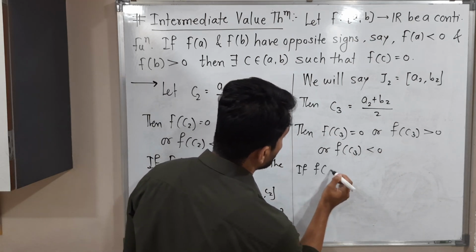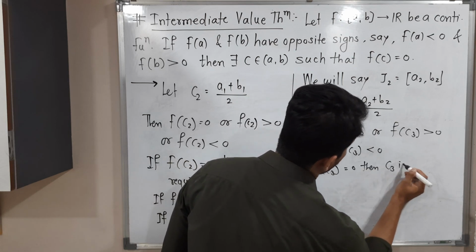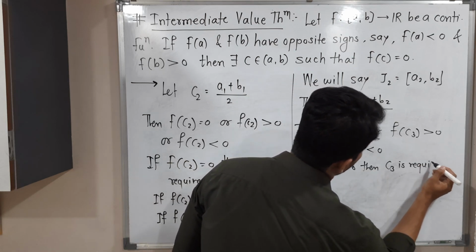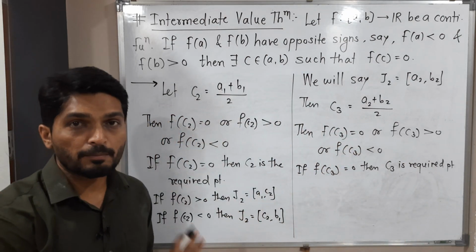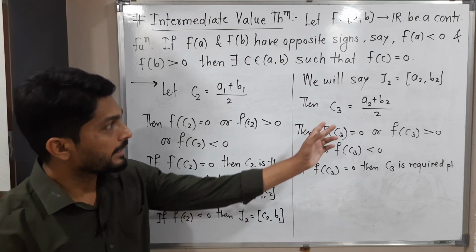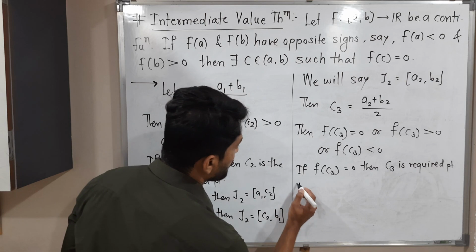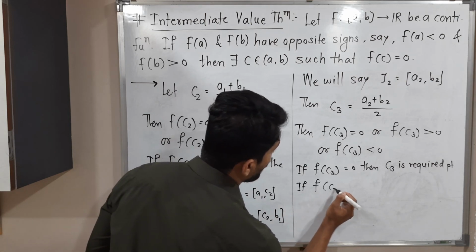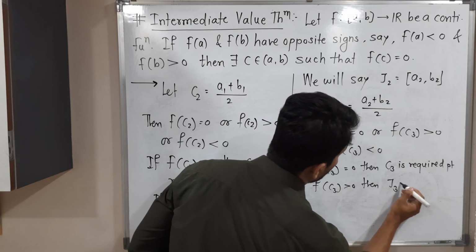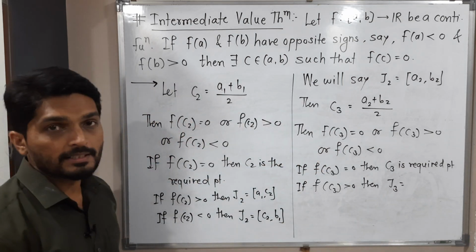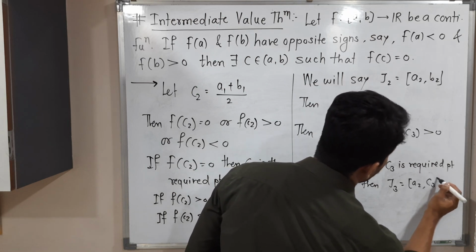If f of C3 is 0, then C3 is the required point. Okay, see, I am going fast since I am going to write the same statements again for that interval J2 and point C3. If f of C3 is positive, then my J3 will be A2 comma C3.